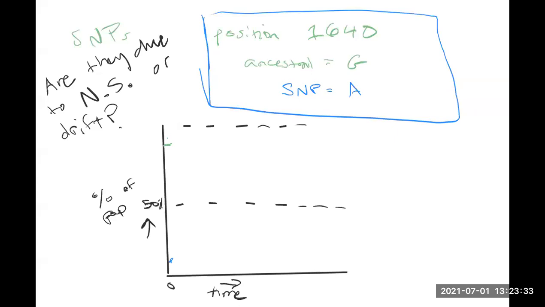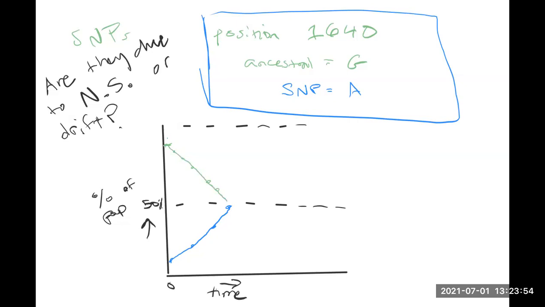That was a mutation, but we know that some individuals do have that. But then perhaps we see over time that the proportion of individuals with that A is increasing, while the proportion of the individuals with the G or the ancestral state is decreasing.